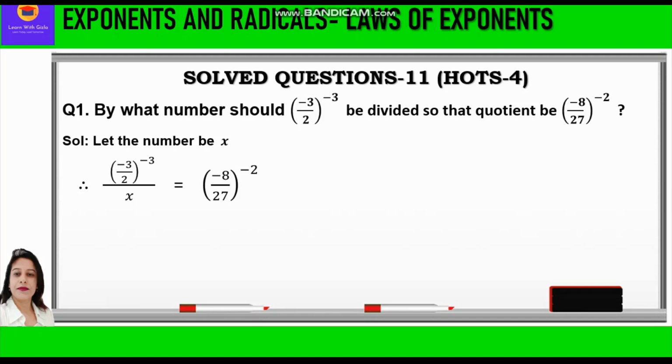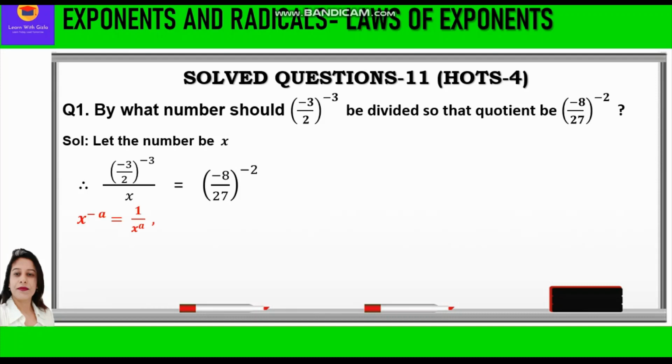Now if you observe, we have a negative exponent on the left-hand side and also on the right-hand side. So we shall convert both negative exponents into positive by reciprocating the base. That means from the numerator it will come to the denominator.